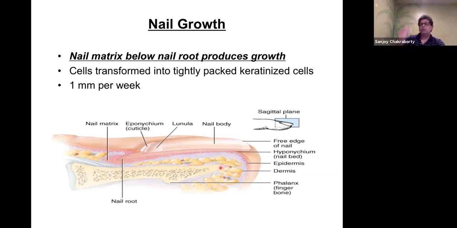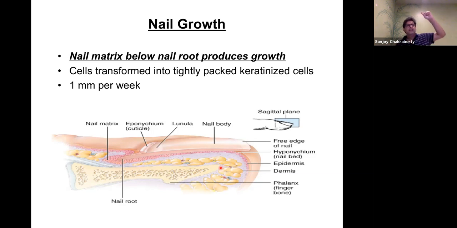The epidermis has 4 or 5 layers, depending on thick and thin skin: stratum basale, spinosum, granulosum, lucidum, and corneum. That's what the layers are, and you should know that. And then there are the populations of cells in the epidermis: keratinocytes, melanocytes, Langerhans cells, and Merkel cells. That's another area to study.